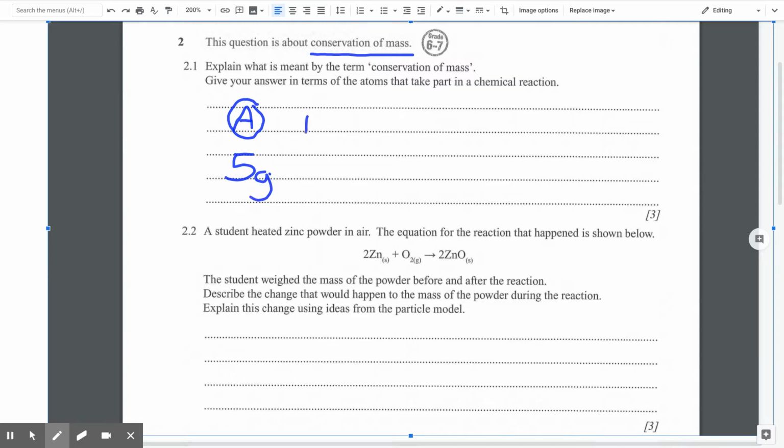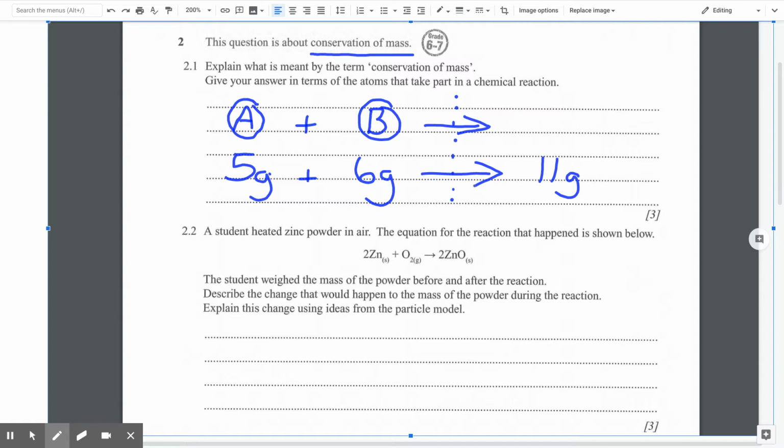And if that is going to react with particle B, which has a mass of 6 grams, then what the law of conservation of mass would suggest, in a simplistic sense, is that the mass of the product is going to be 11 grams, because we have 5 grams of A and 6 grams of B, and so when they combine, all that mass must be present at the end of the reaction. So if we go from the left-hand side of the equation to the right-hand side, that mass must have been conserved, hence conservation of mass.